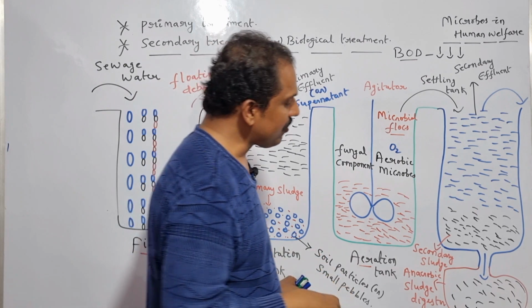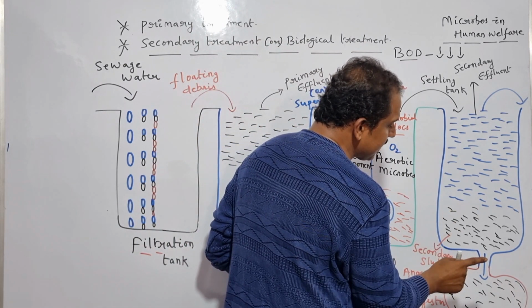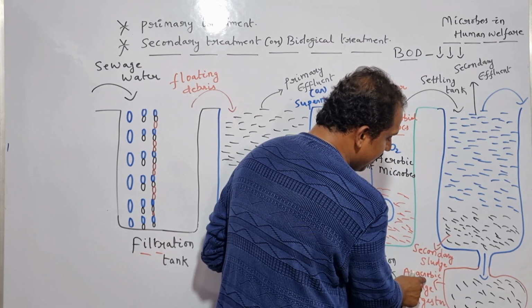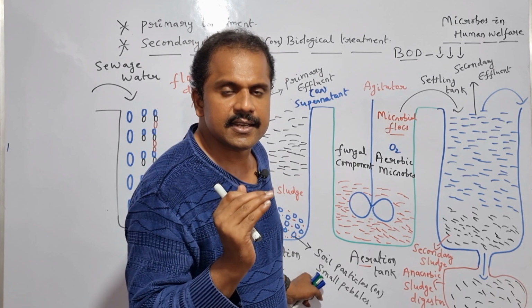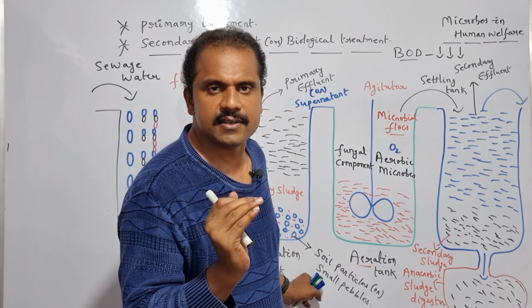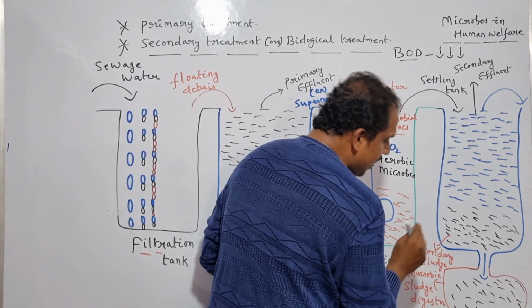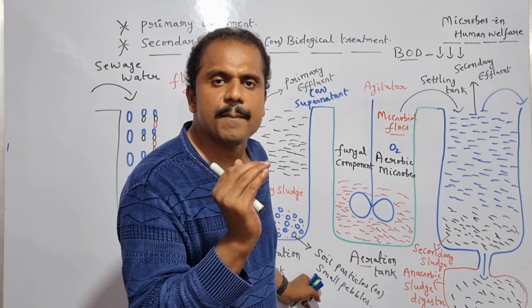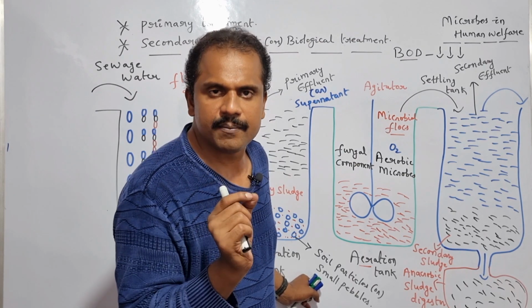Is it clear? So once the oxidized organic matter is transferred from the settling tank into the anaerobic sludge digester, in the absence of oxygen, many anaerobic microbes like methanogens are capable of degrading the organic matter here.